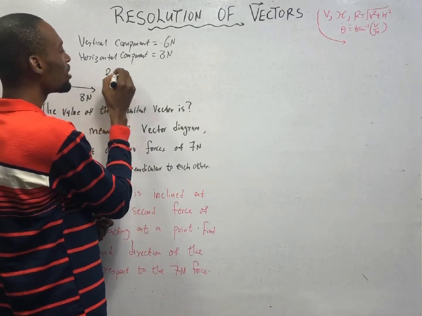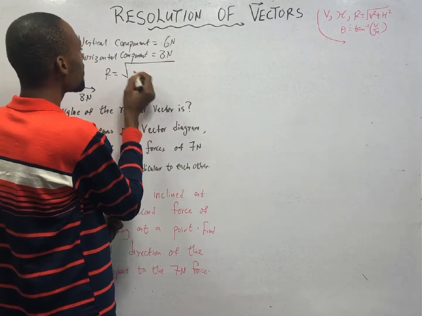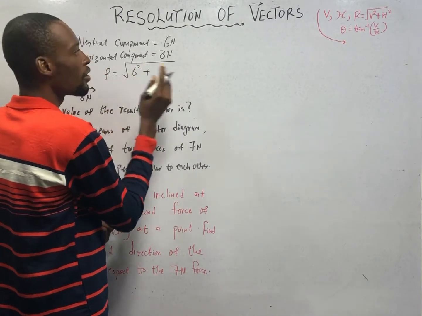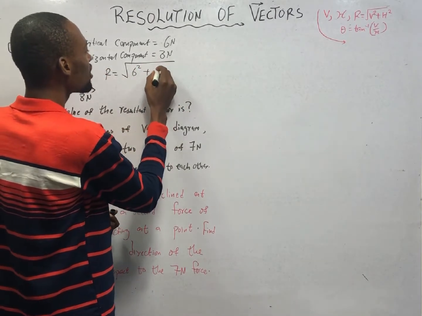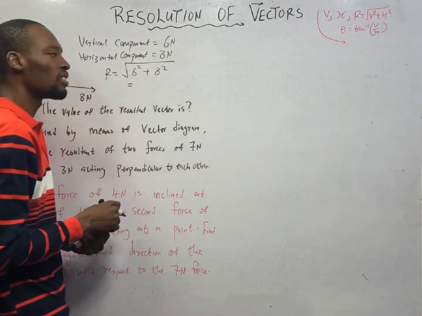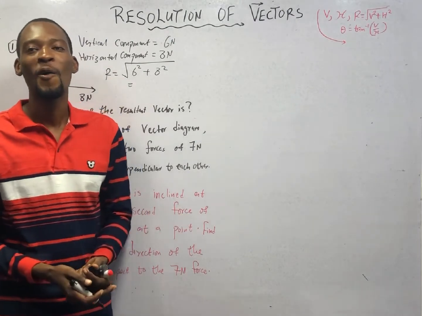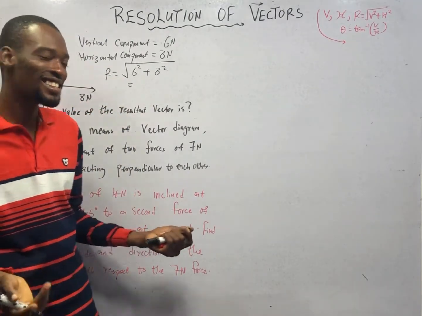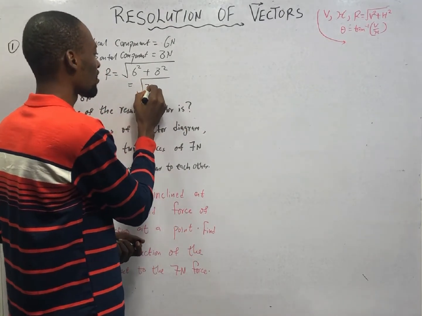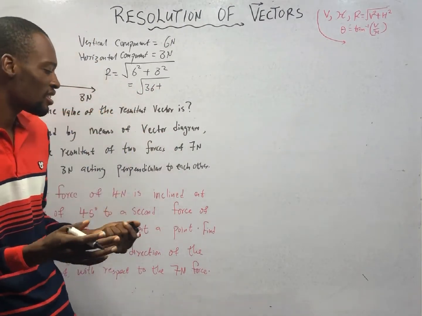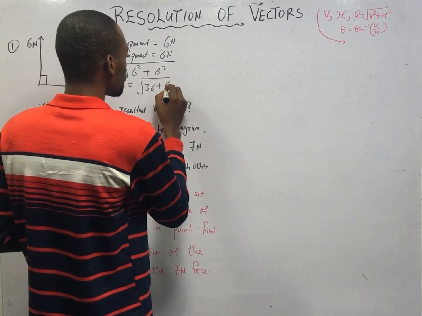So the resultant is simply the square root of the vertical component squared, 6 squared, plus horizontal component squared, 8 squared. Now 6 squared is 6 times 6. What is 6 times 6? 36, right? Plus 8 squared. 8 times 8 is 64, if I can still remember.